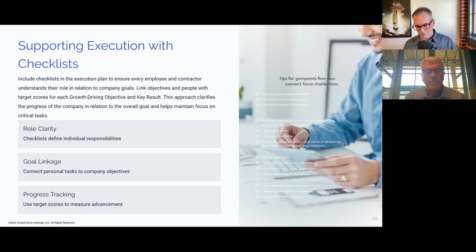Target scores. We can have target scores in each of the growth driving objectives. We'll have KPIs for how we're doing, what we're doing, etc. That measures advancement, and they all stack up to changing the value of the business from 18 million to 51 million.